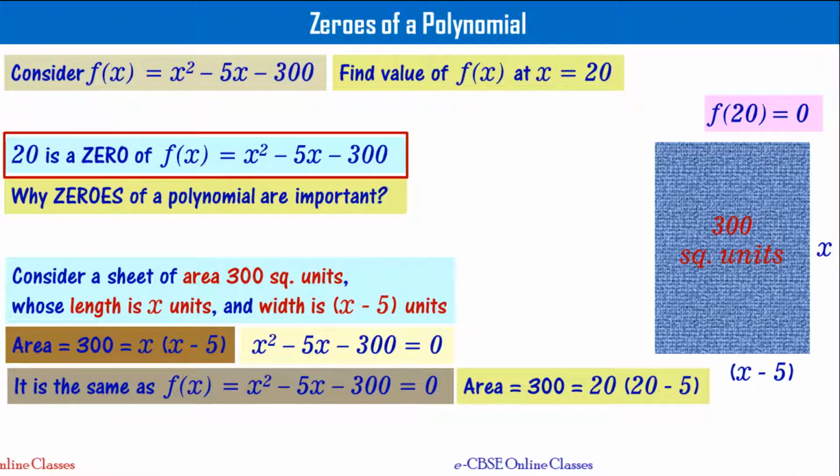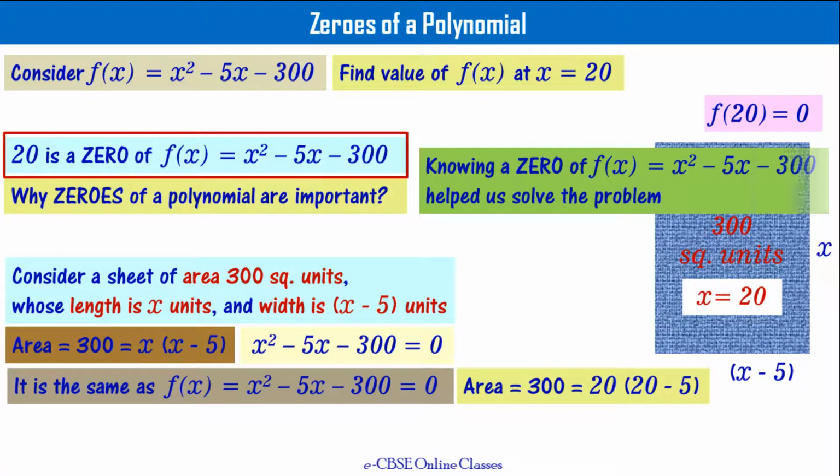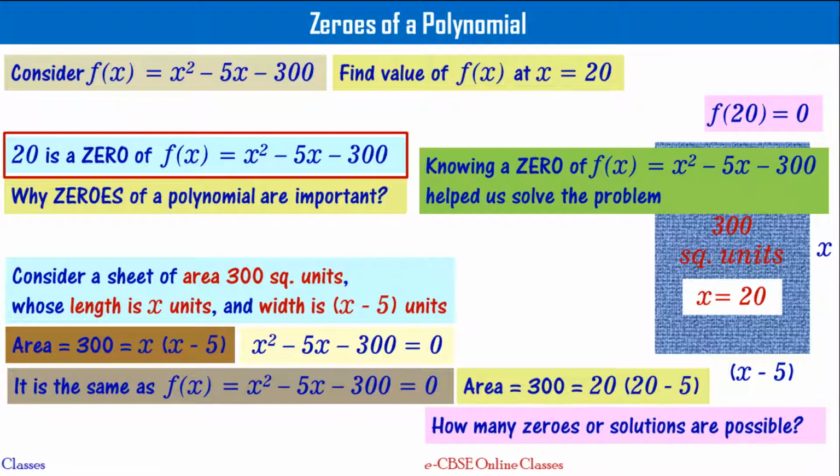What we can say now is, knowing a 0 of this particular function helped us to solve the problem. You agree with that, right? Now the question is, how many zeros are such solutions possible? That is the question we are going to ask in this particular video.